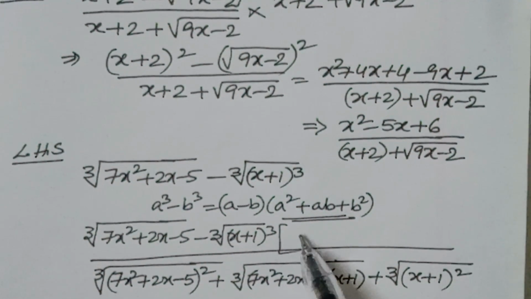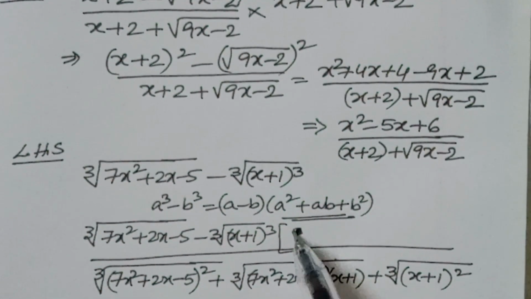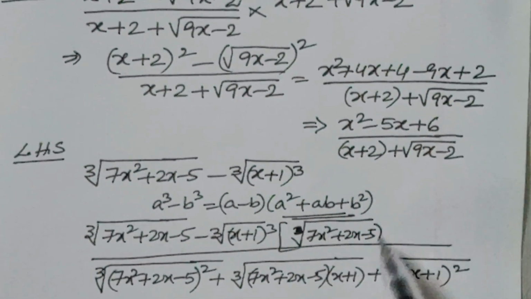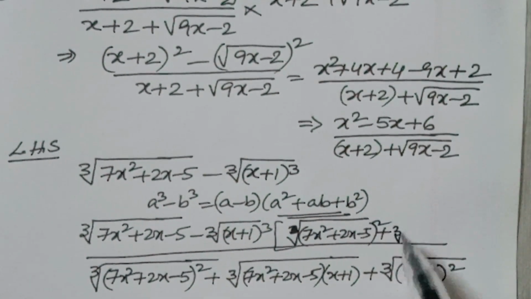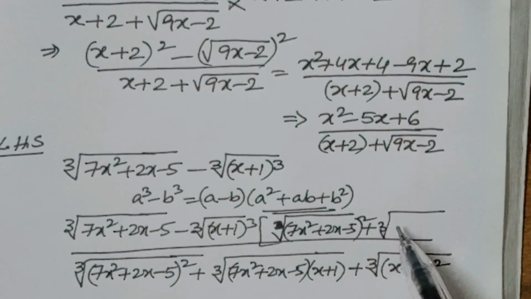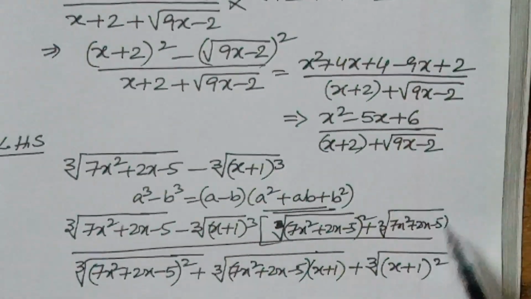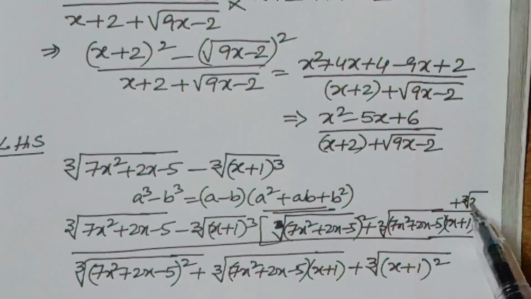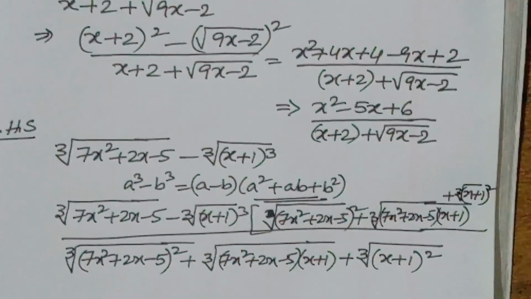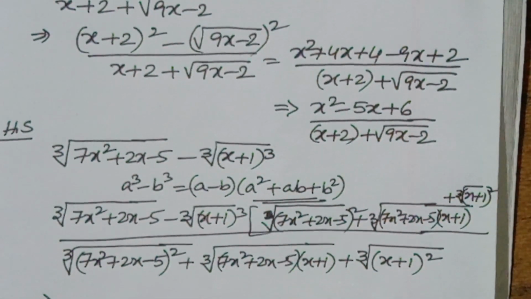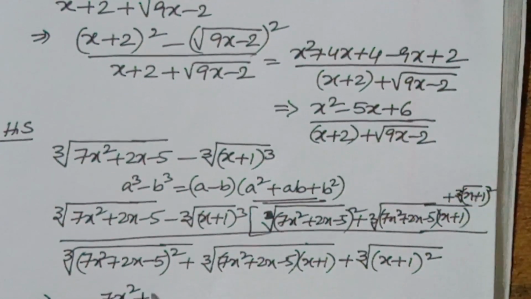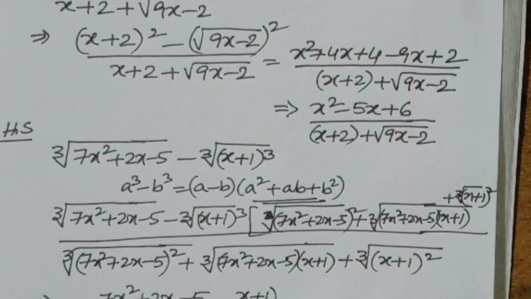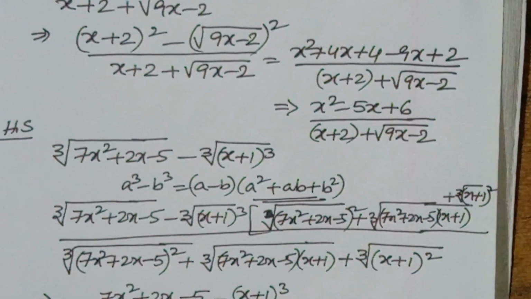Here place won't be sufficient maybe. In the numerator you will get a cube minus b cube: 7x square plus 2x minus 5 minus x plus 1 whole cube, by the denominator.